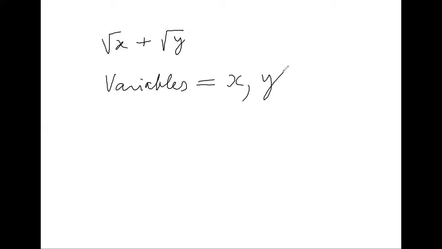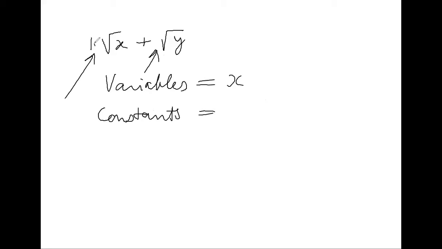Now, what are the coefficients? Not coefficients. What are the constants? Or constant coefficients, you can say. What is the constant here? 1 each. यहाँ पे भी 1 लिखा है जो हमें नहीं दिख रहा है.